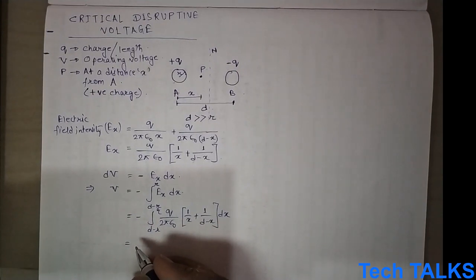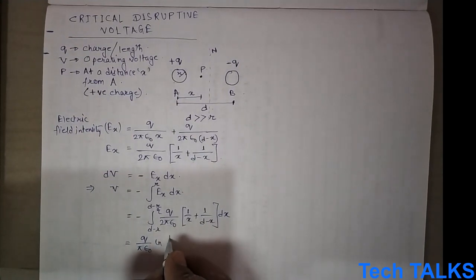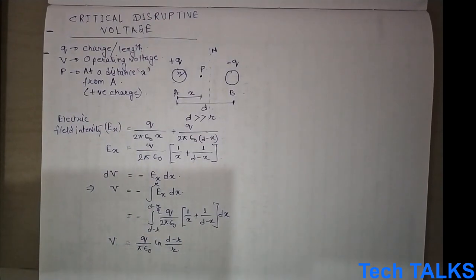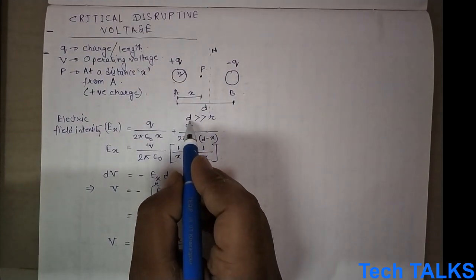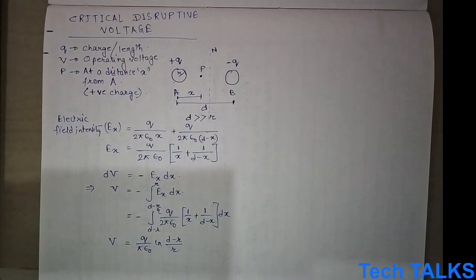This is V. Now since I have already told that this r is quite smaller than d, we can write this as q by pi epsilon naught ln d by r.